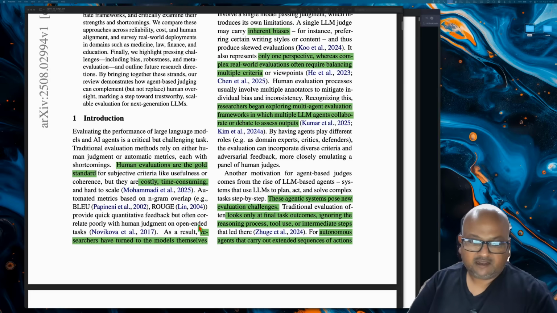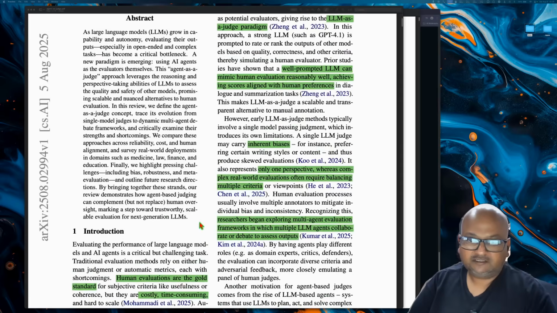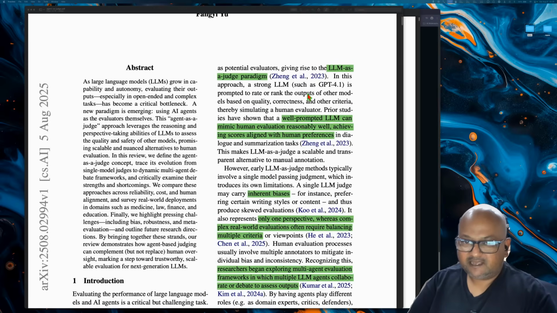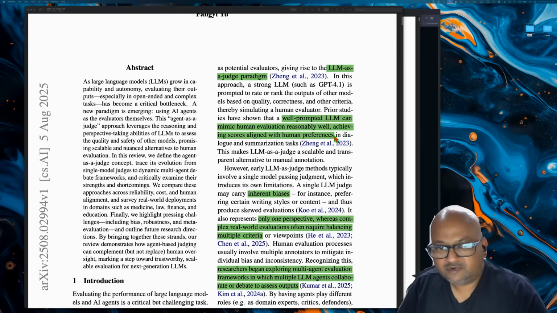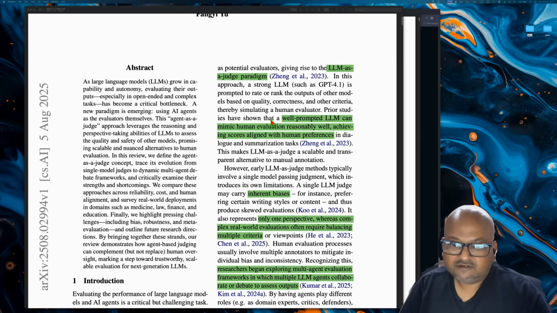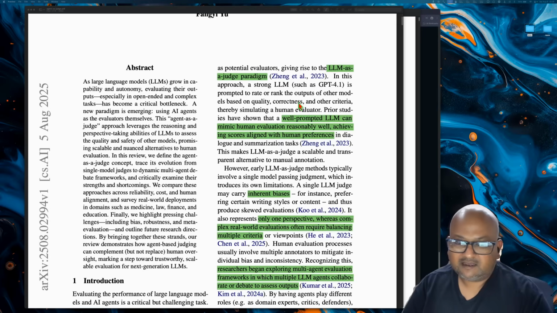So, of course, by now the field as a whole is very familiar with using LLMs as a judge, which is kind of a natural second step where instead of using humans, you prompt an LLM to rate or evaluate the output of an AI system. And this works decently well.